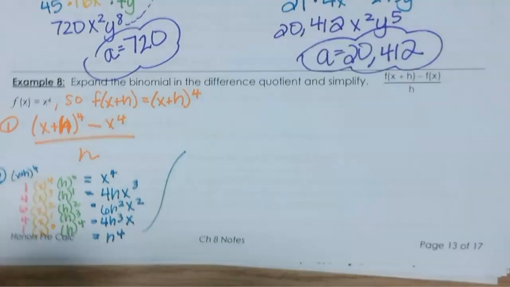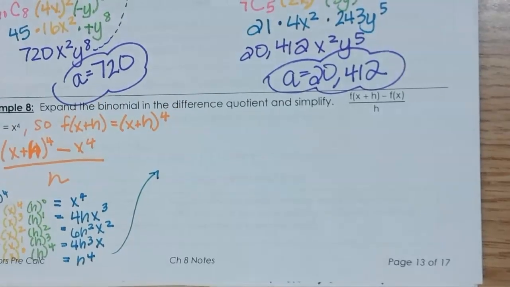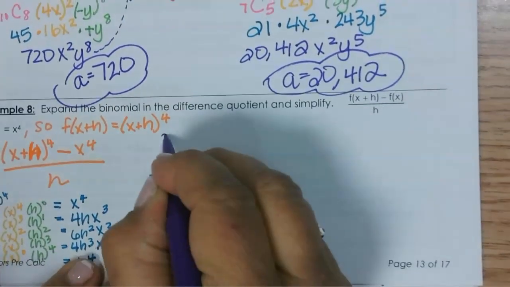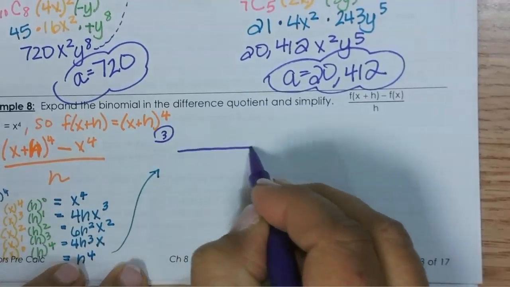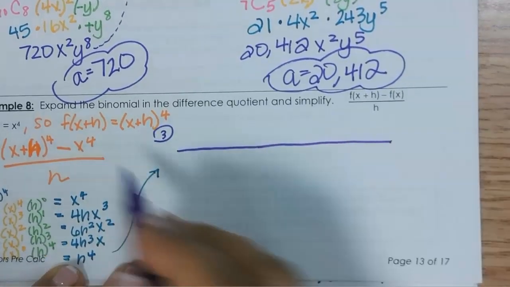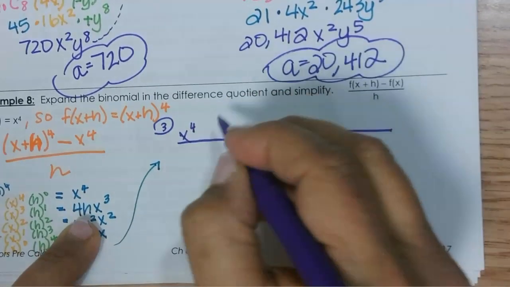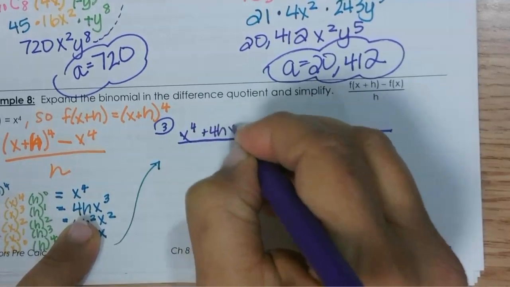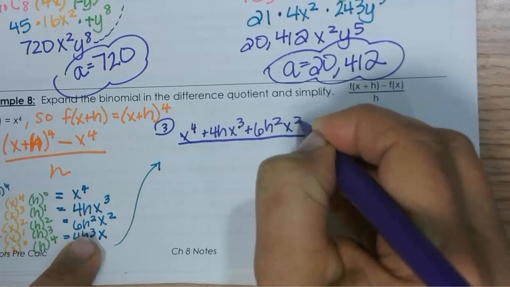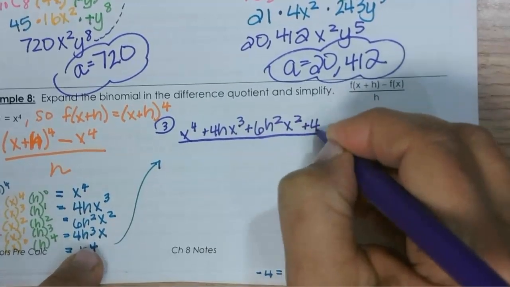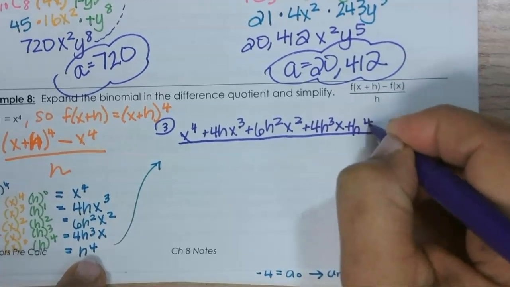So now what we can do is put that into this difference quotient. So what is x plus h to the fourth? Well, we just saw that x plus h to the fourth was going to be x to the fourth plus 4h x cubed plus 6h squared x squared plus 4h cubed x plus h to the fourth.